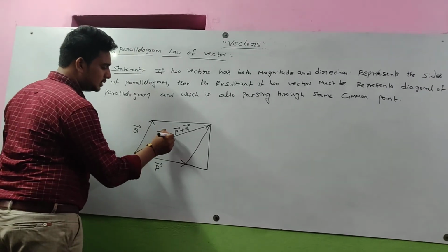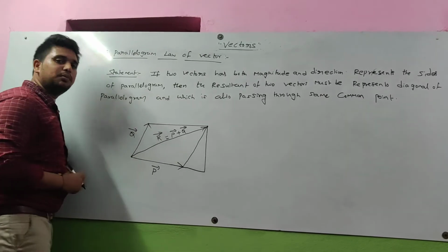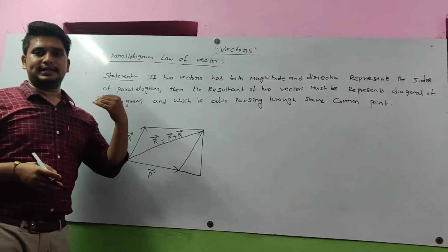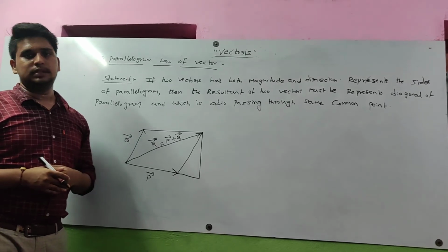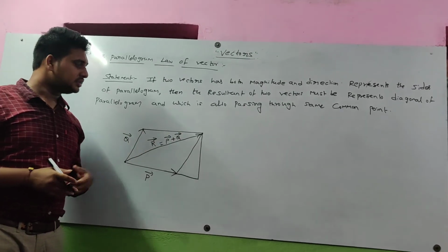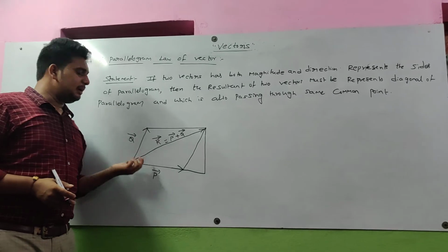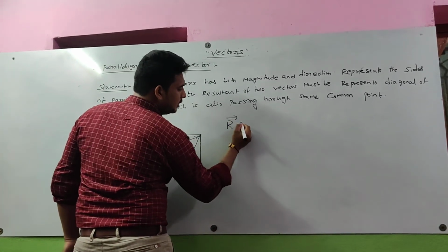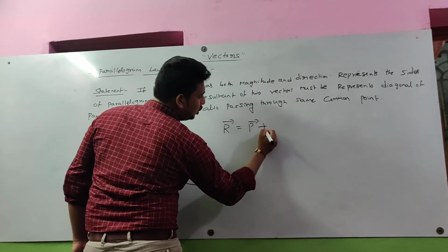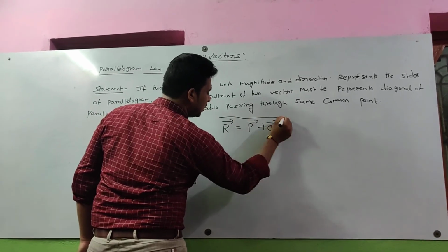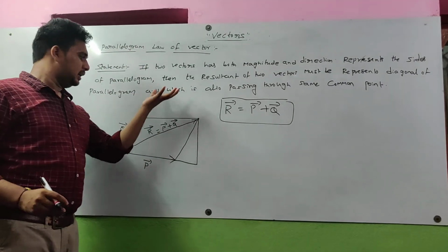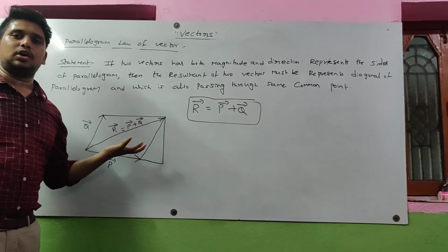How to find the magnitude and direction of this resultant vector, we will discuss. P bar and Q bar are given, then R bar is equal to P bar plus Q bar. So this is the statement about the parallelogram law of vector.